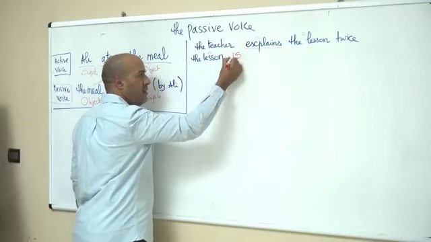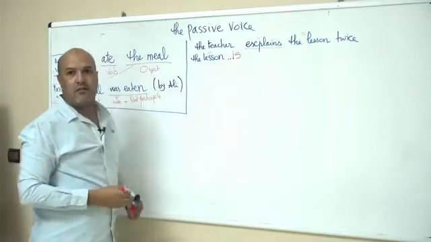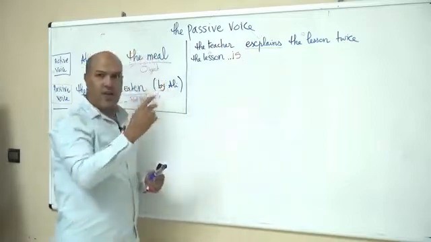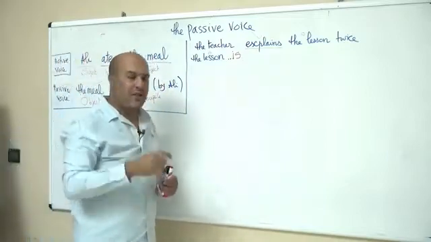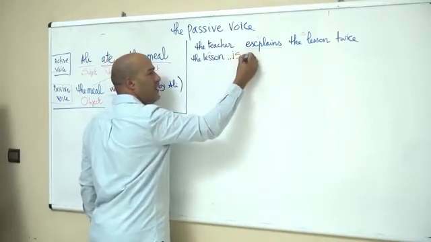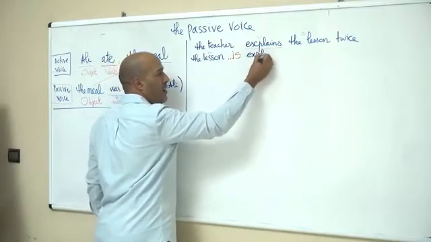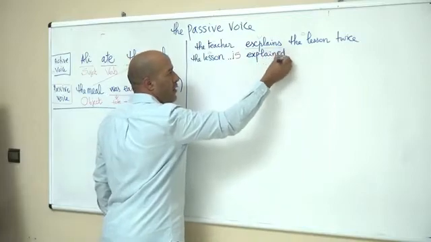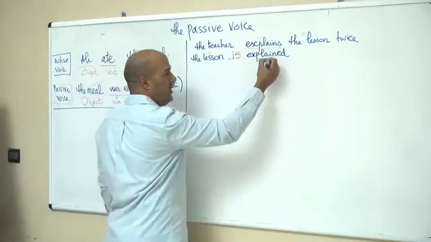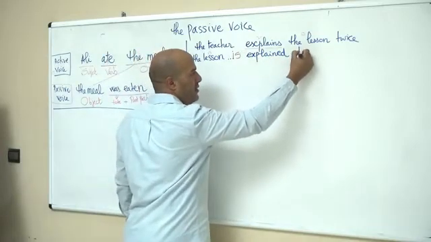And the verb should be changed into the third form or the past participle form, which is explained. The lesson is explained twice, means 2 times.